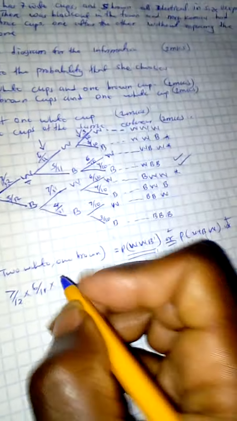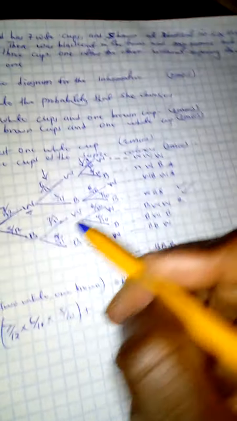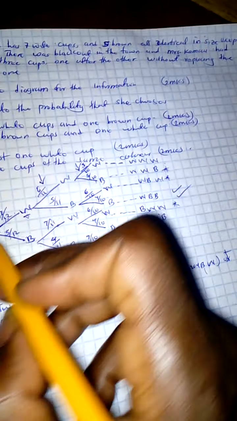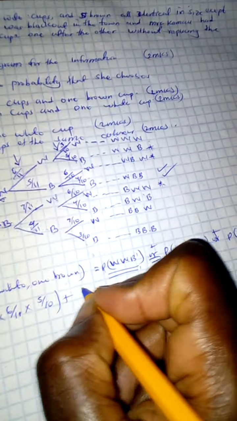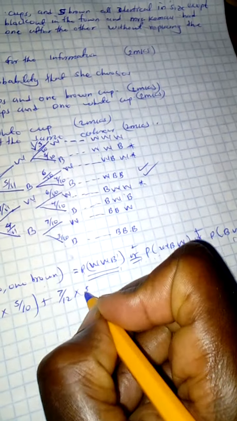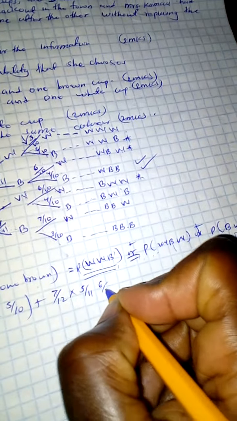You follow its route. Plus the next one is this one here, which is 7 over 12 times 5 over 11 times 6 over 10.